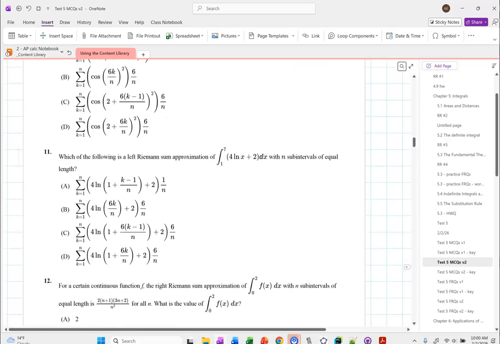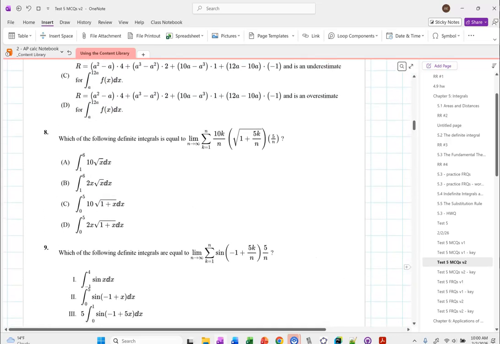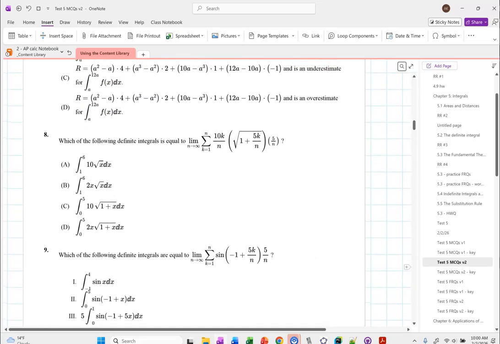So there's a handful there. Let's just do 8 for the sake of argument as another example. And I'm going to leave you 9, 10, 11, and 12 to practice on your own so that I don't do all of them. You have to ride the struggle bus through one of these. Once you see it, it's like, okay, I just really need the formulas and it should be okay.